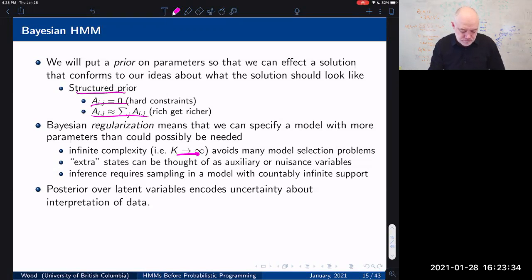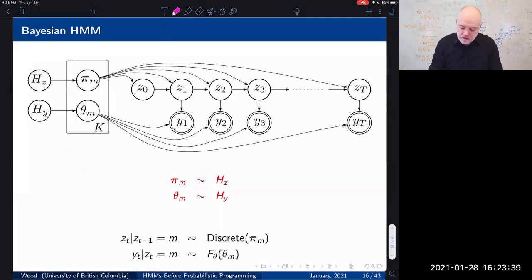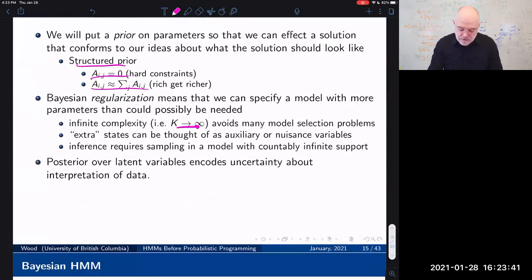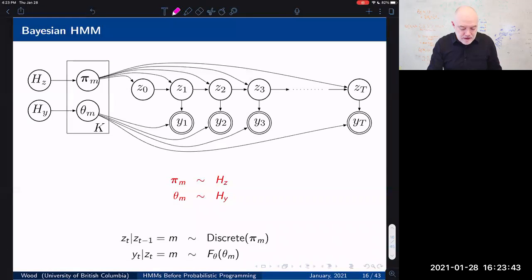Okay. And the posterior of the latent variables in this particular case encodes uncertainty about the interpretation of data. Okay, so a Bayesian HMM says actually now we have some distribution. These are going to be specified, generally speaking, over the transition probabilities. So what would it naturally be?